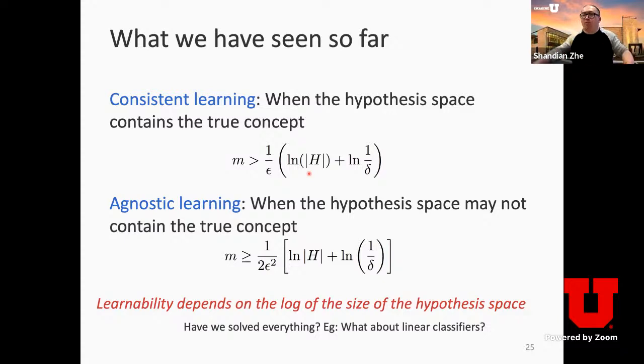Because many machine learning models are actually searching over an infinite hypothesis space, for example, linear classifiers. Why do linear classifiers have an infinite hypothesis space? Because all the model parameters, like feature weights and bias, are continuous values. So they belong to a real space, meaning that their hypothesis space is infinite.